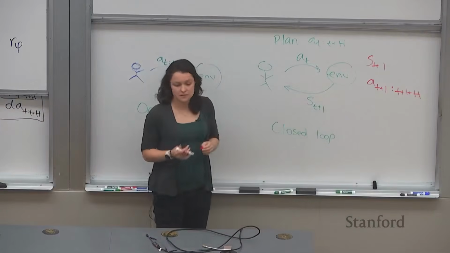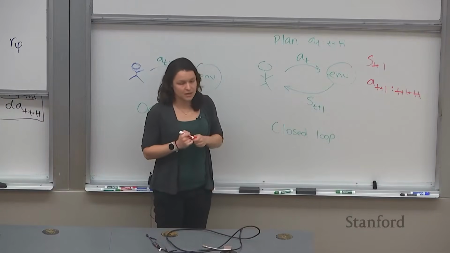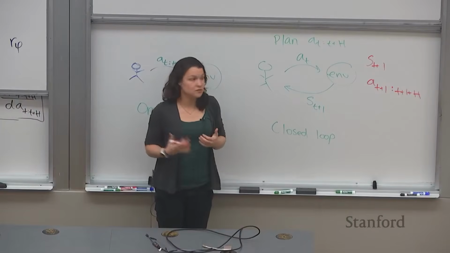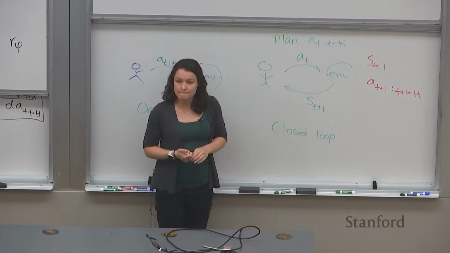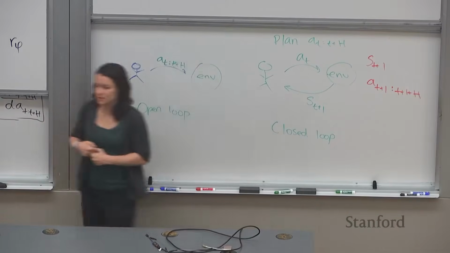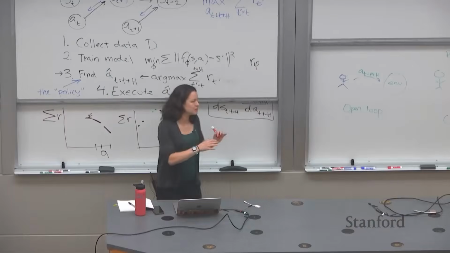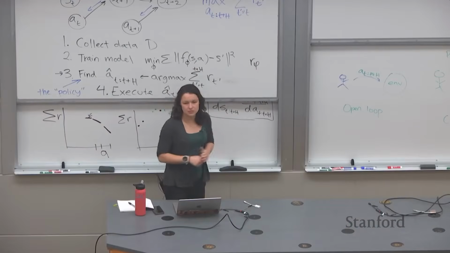Then you'll already have some initial plan that is sensible, and so you don't have to run as long of an optimization procedure. It also helps you commit to the previous action in the previous plan.